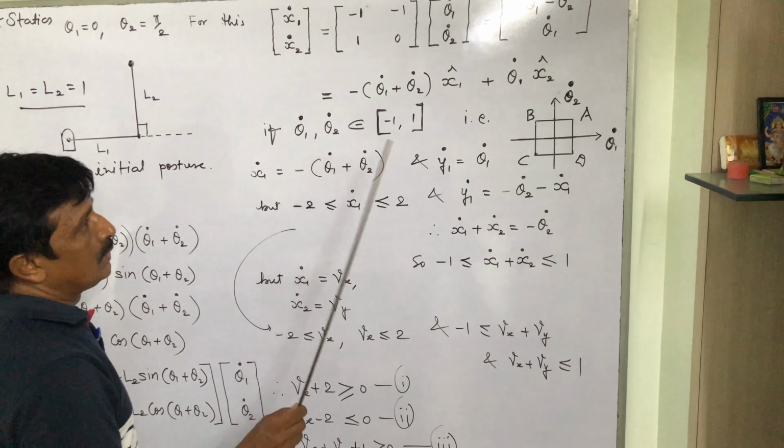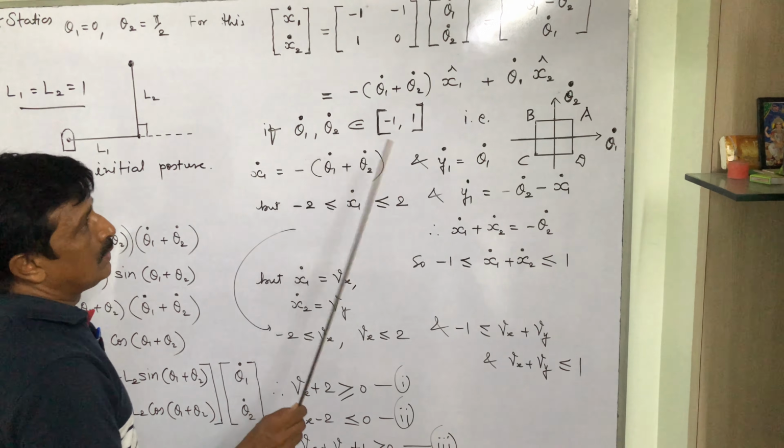So x1 dot plus x2 dot is minus theta 2 dot. But theta 2 dot is between minus 1 and 1, so the opposite of this is also in this range. So minus 1 is less than or equal to x1 dot plus x2 dot, less than or equal to 1.